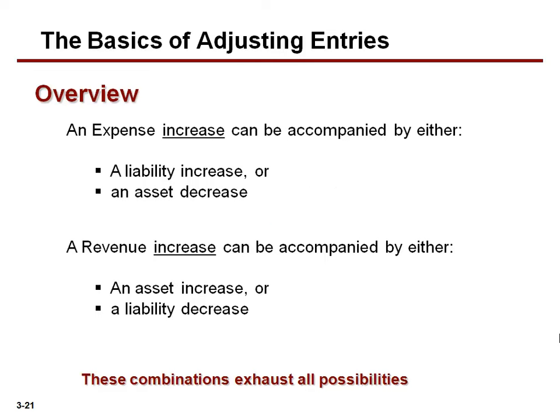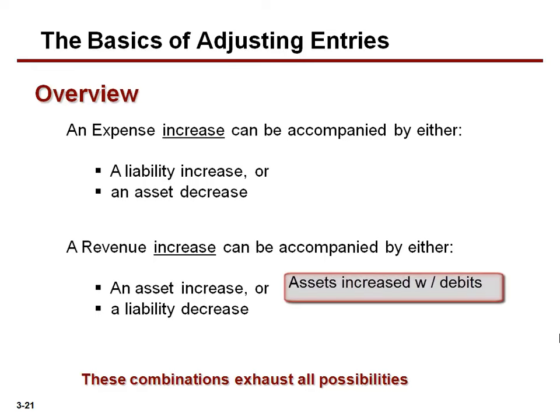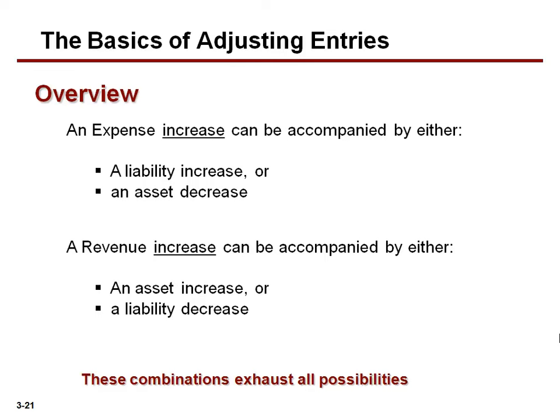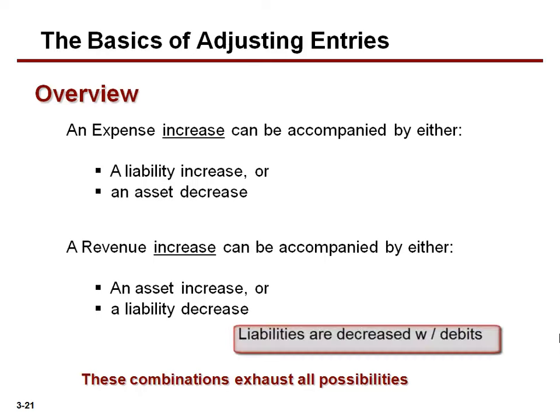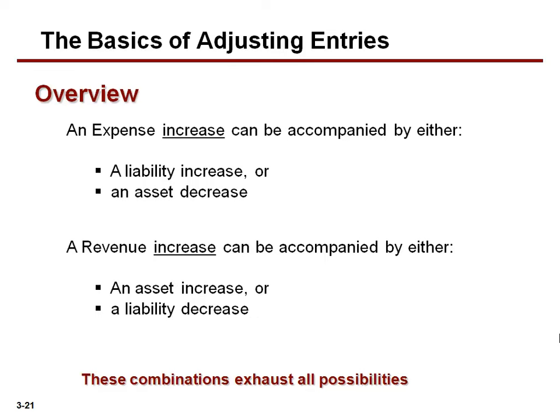Likewise, revenues can increase by either an increase in an asset account, where a credit sale is made, we increase accounts receivable with a debit, increase sales revenue with a credit, or we can recognize revenue increases by decreasing a liability account. Cash previously paid to us by a customer in advance of receiving services, when that occurred, we couldn't book it as earned revenue, but as unearned revenue.